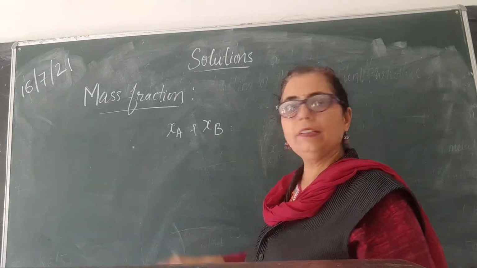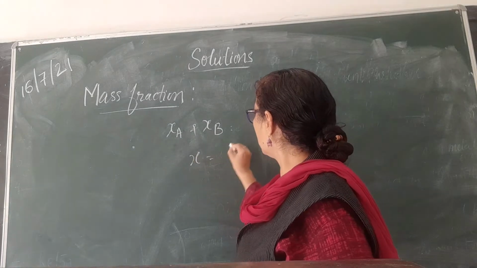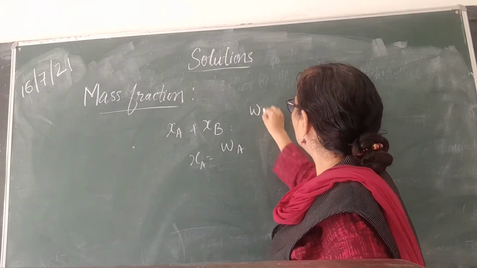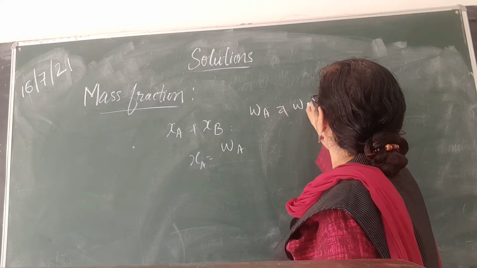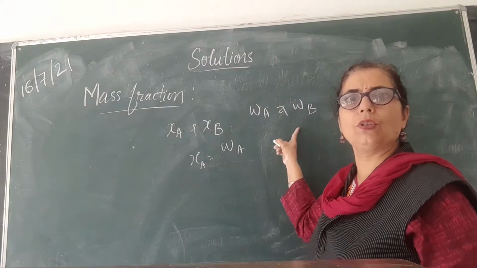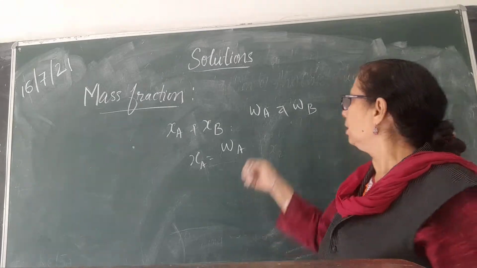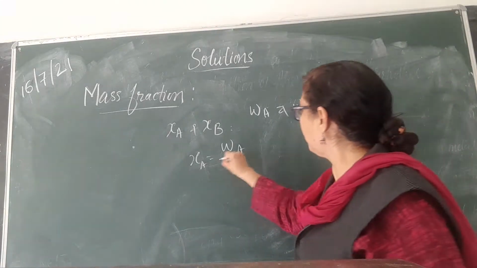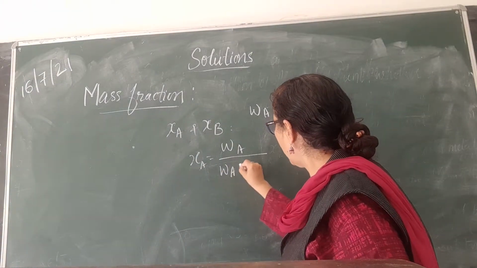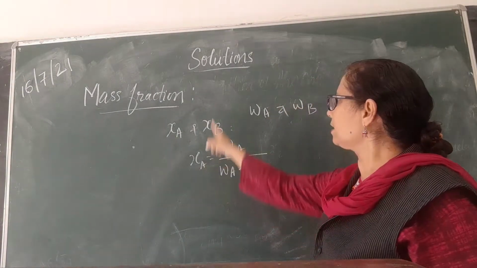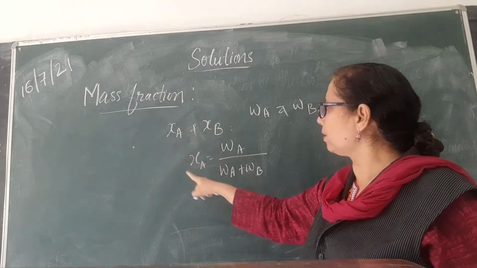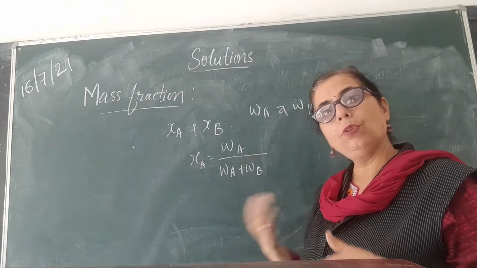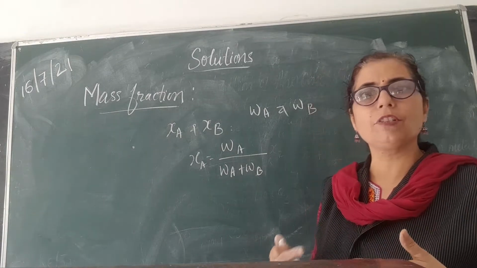So how do we find this? XA is equal to WA by WA plus WB, where WA and WB are the masses of the two constituents present in the solution. So the mass fraction of constituent A will be WA by WA plus WB. It is similar to the mole fraction, but the only difference is that this is expressed in terms of mass, whereas mole fraction is expressed in terms of moles.